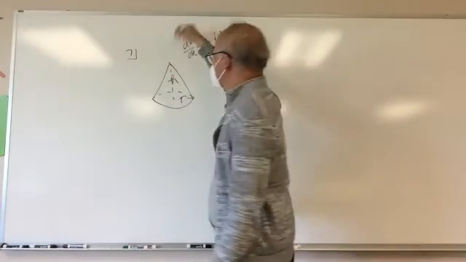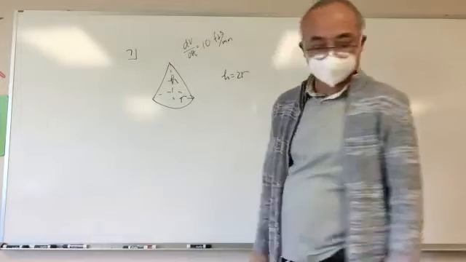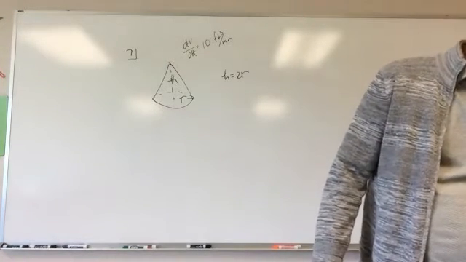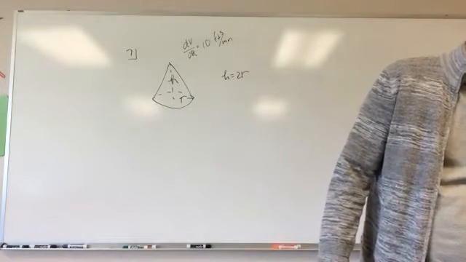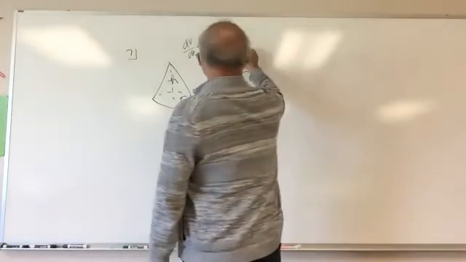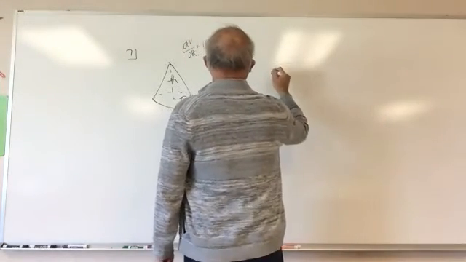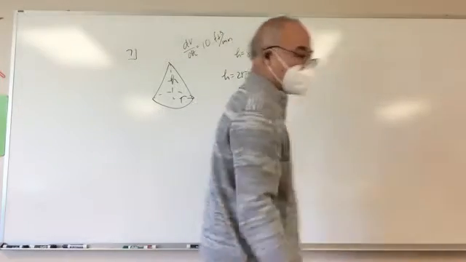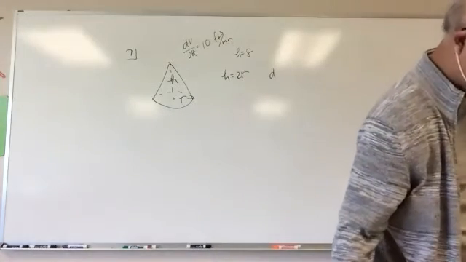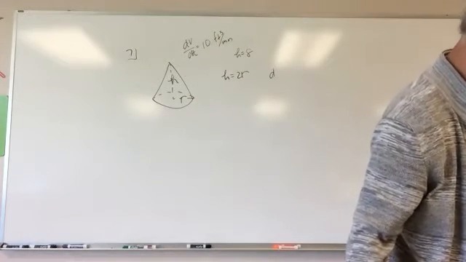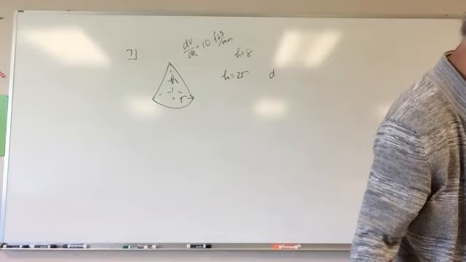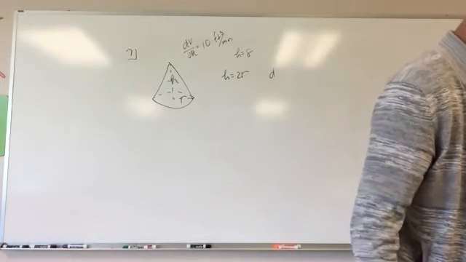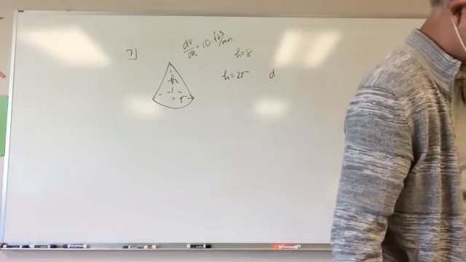So it's coming down this way, right? When the pile is 8 feet high, when h is equal to 8, what do we want to know? How fast is the circumference changing?